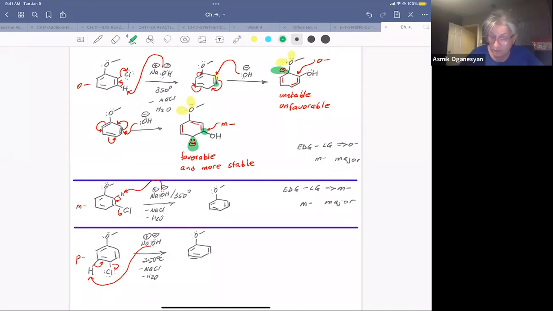With meta substitution, we ended up again with 2 positions, out of which the meta position was favorable. And ortho was again unfavorable.